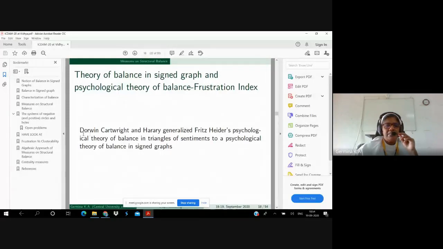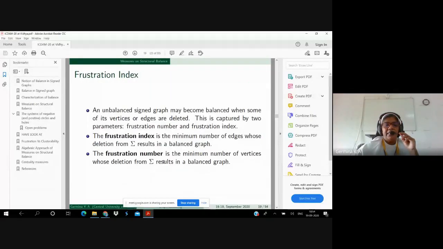Let us have a look at it first. Harary and Cartwright generalized Heider's psychological theory of balance in triangles of sentiments to a psychological theory of balance in signed graphs. So for that, let us look at what we mean by frustration index. An unbalanced signed graph may become balanced when some of its vertices or edges are deleted.